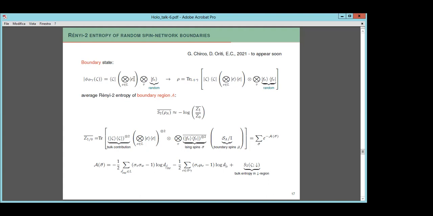So in this case, we are not considering a certain specific correlation between the edge degrees of freedom. It's just a sort of basic state for the boundary.